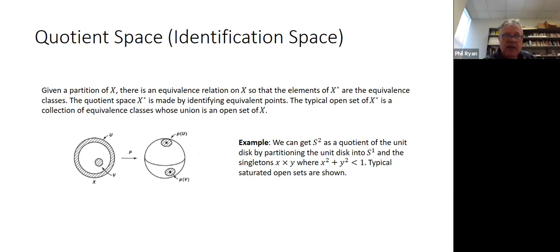U is a neighborhood of the disk boundary, and so we've got to include all of the boundary for it to be saturated, and then that goes on to a neighborhood of the point that corresponds to that disk boundary.